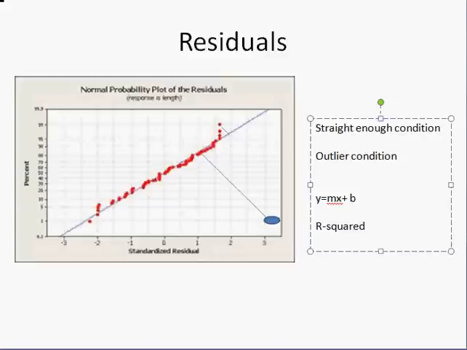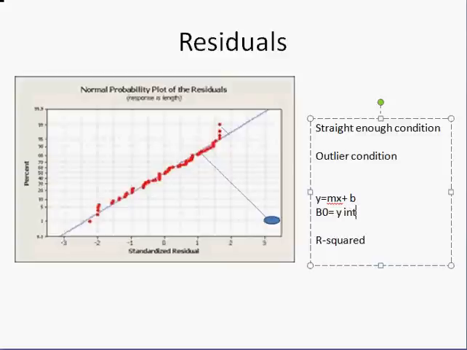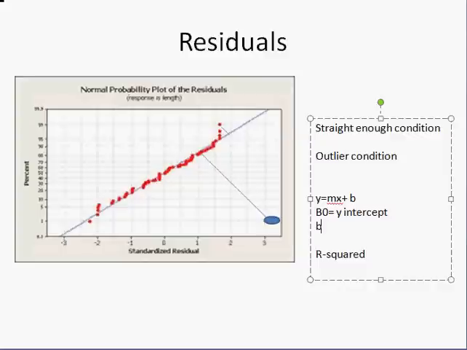The b0 is the y-intercept, which should be down here, and b1 is the slope. You just plug it in, and you should be good. That's how you would find your equation.